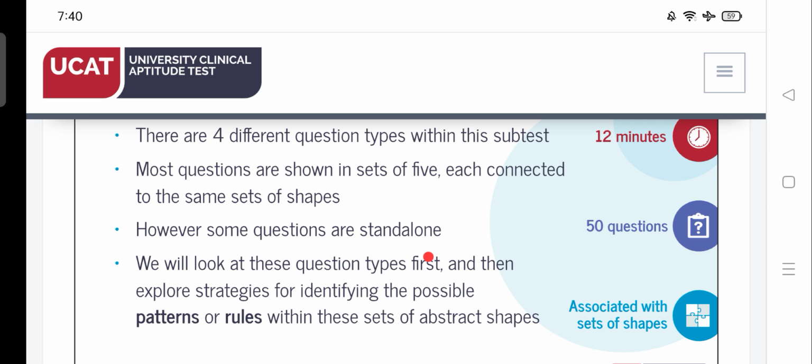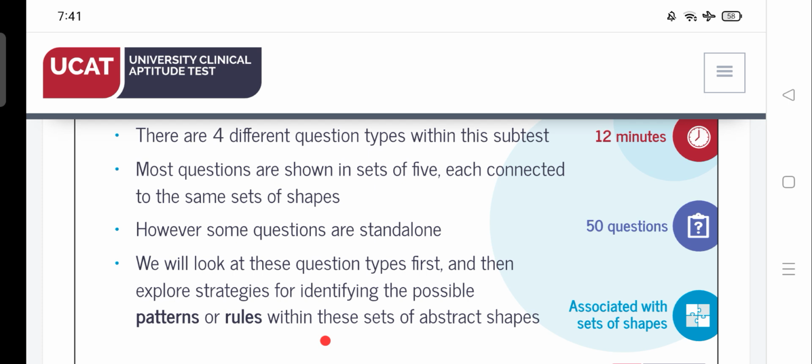We will look at these question types first and then explore strategies for identifying the possible patterns or rules within these sets of abstract shapes.